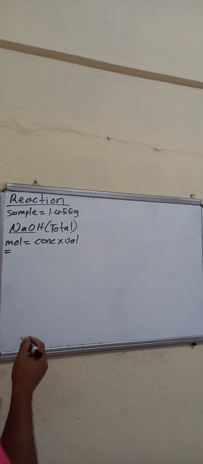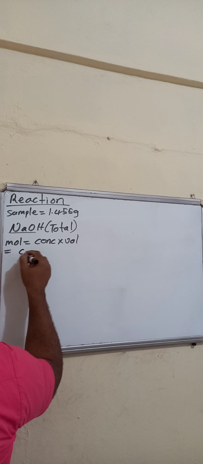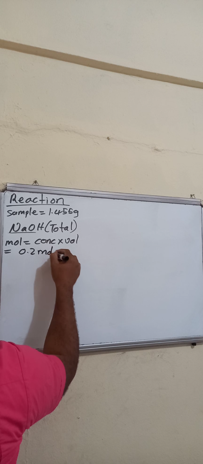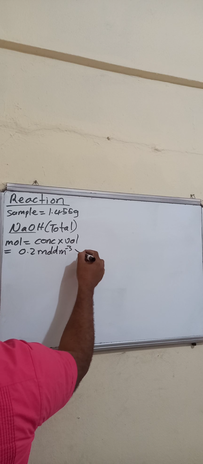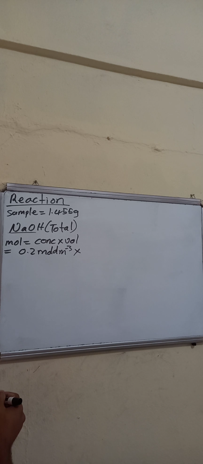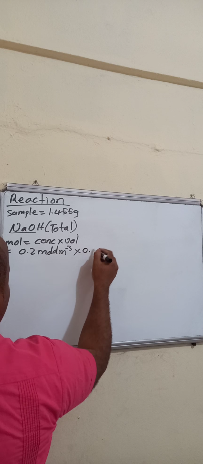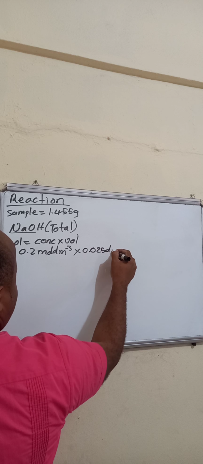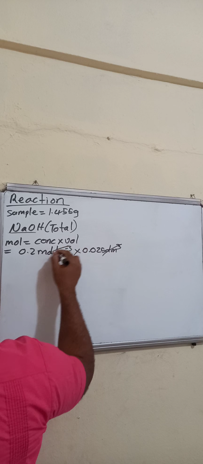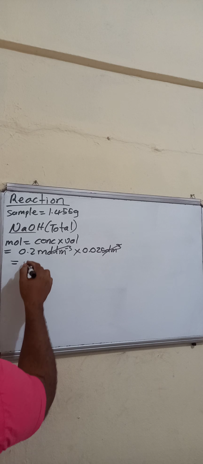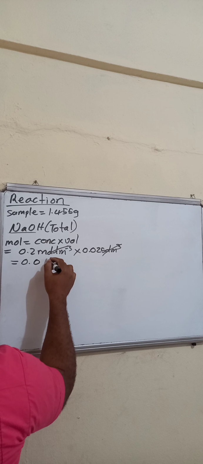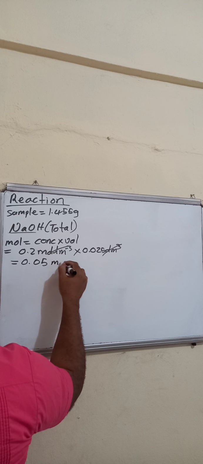Concentration was 0.2 moles per dm cube. The volume was 25 cm cube, so 0.025 dm cube. And so the mole is 0.05 moles.